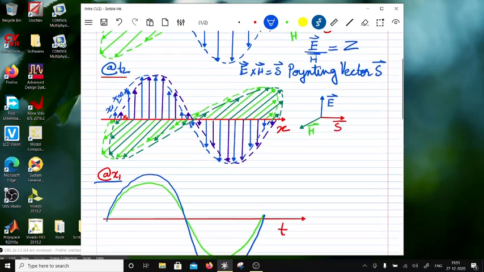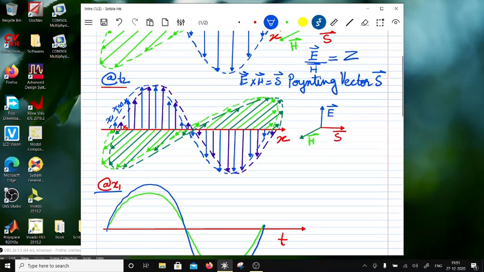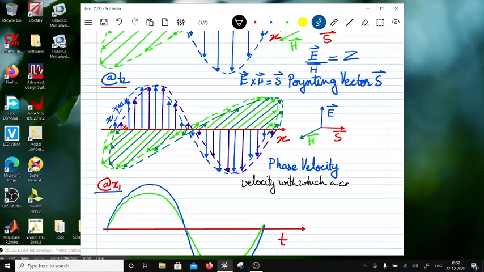So this results in what is called the phase velocity. The velocity with which a constant phase point moves in space is called phase velocity.